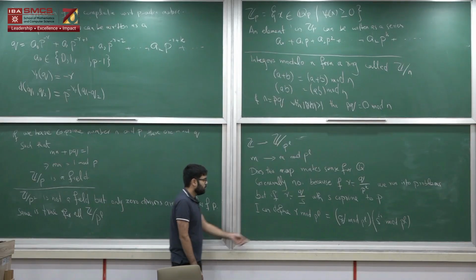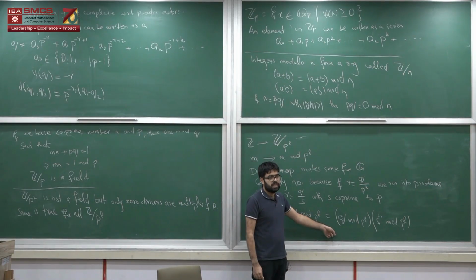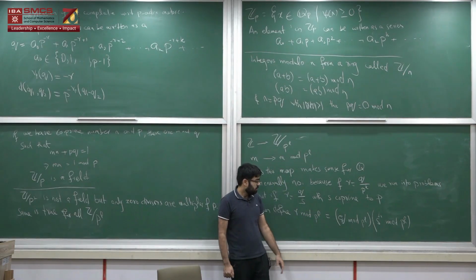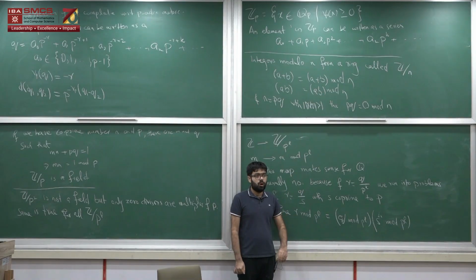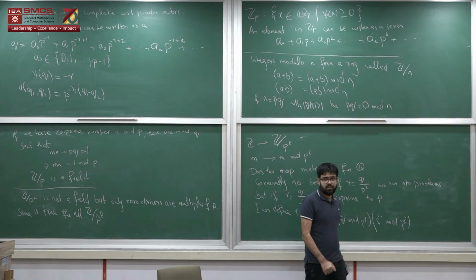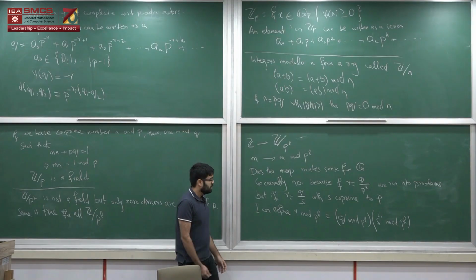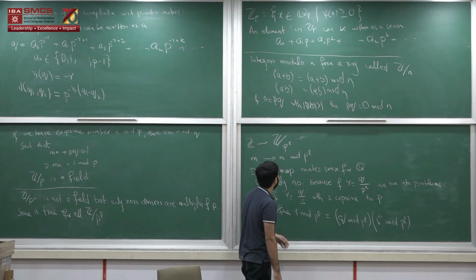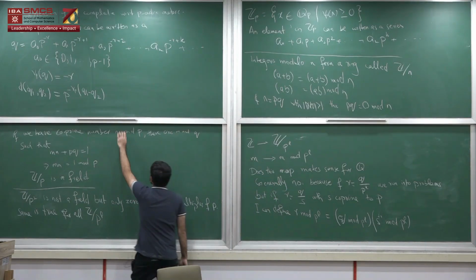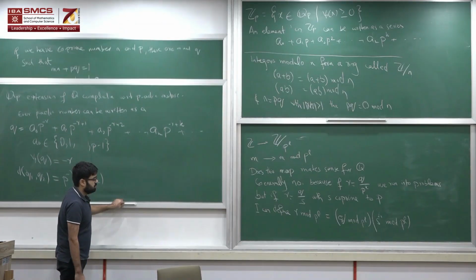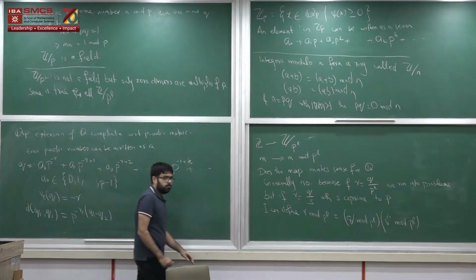So, in this case, I can still make sense of this map, but not for all the rational numbers. It makes sense for a subset, and this subset is actually quite nice.